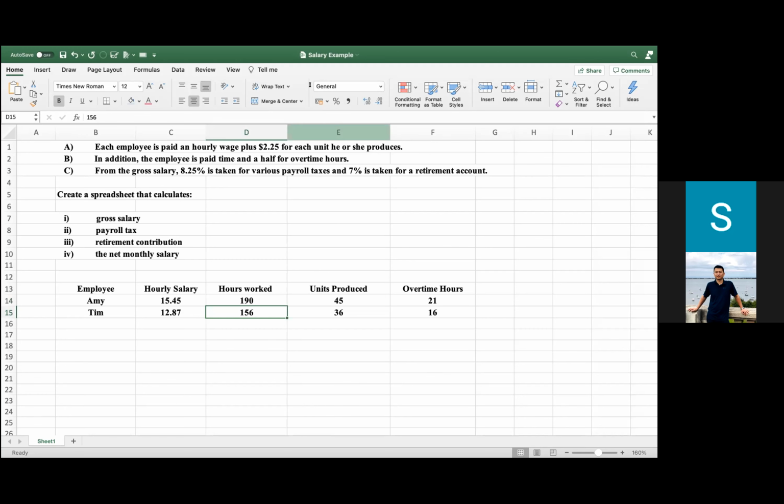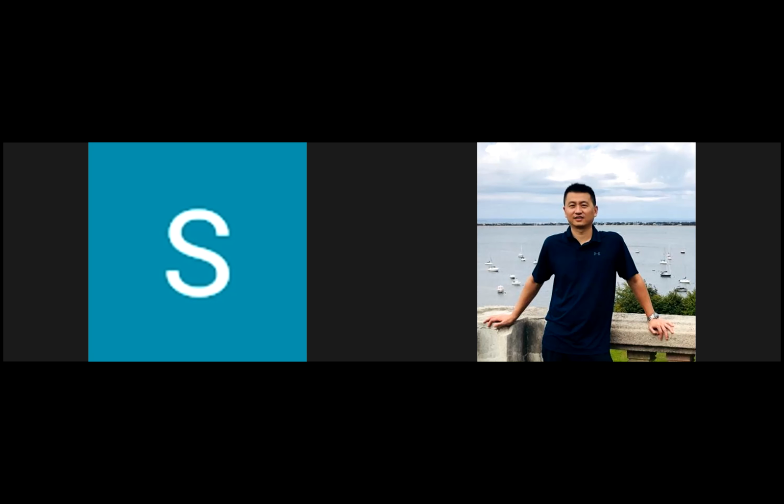One more question. In the project number 3, question 2, I need to calculate the gross salary, payroll tax, retirement contribution, and the net monthly salary for each of the 8 employees.